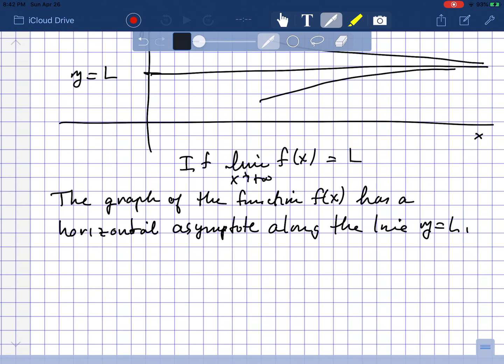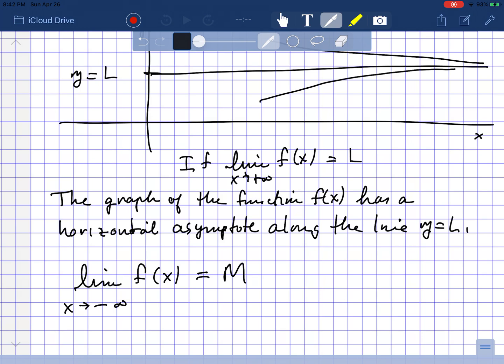Okay. And then the same thing happens if we look at a limit as x goes to minus infinity. I'm looking at the limit of f of x as x goes to minus infinity. Let's say this is equal to some number m.